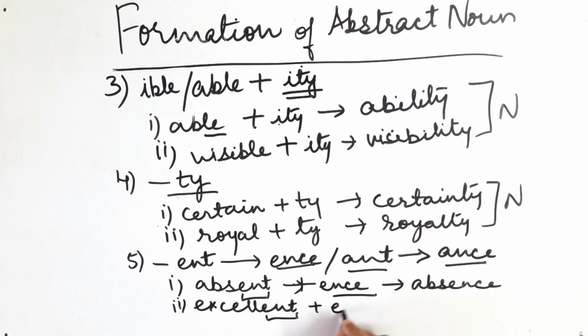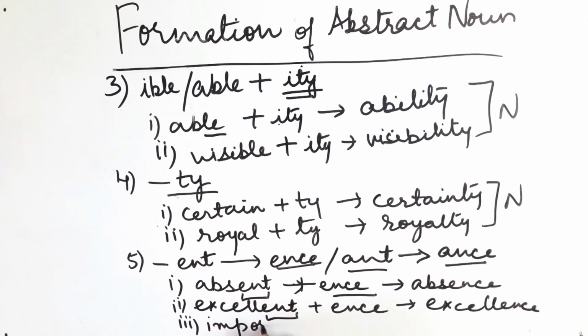ENT replaced by ENCE and it becomes excellence. A word like important. ANT replaced by ANCE and it becomes importance.